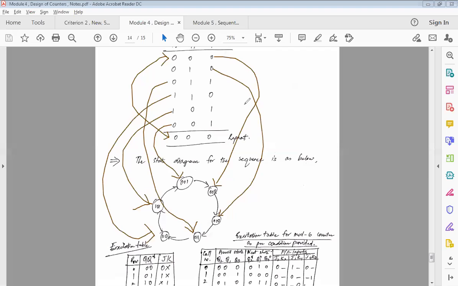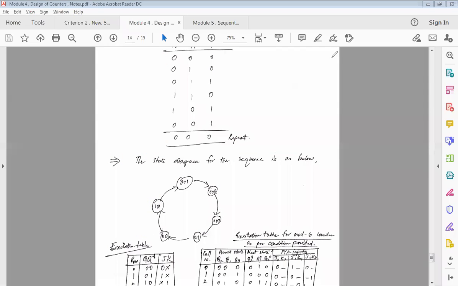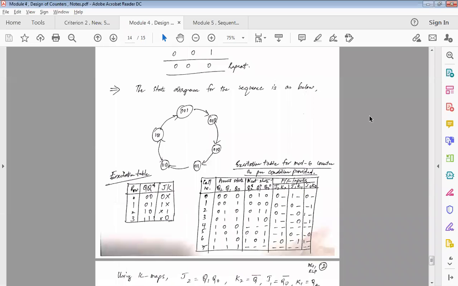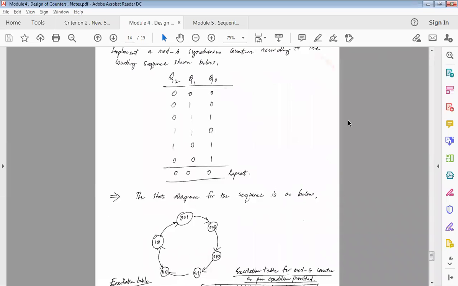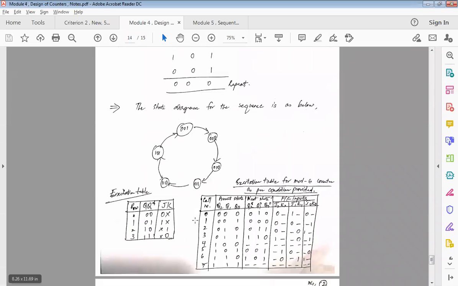Once you have the state diagram, then you can always go with a table, right? Now here in the question, they have asked for implementation using JK flip-flops, isn't it? So we will be using JK flip-flops. For that, we need the excitation table of the JK flip-flop. So as usual, I'm going to put the cell numbers so that it's going to be easy.